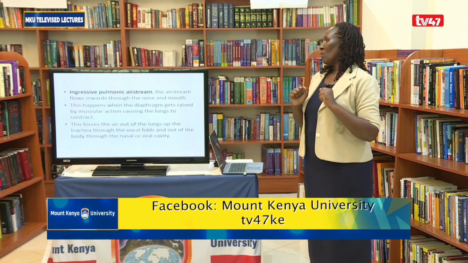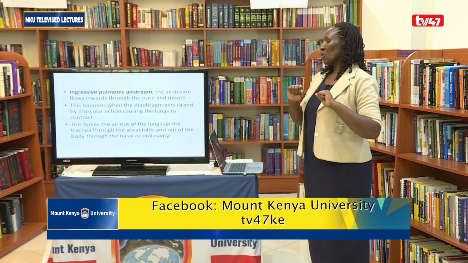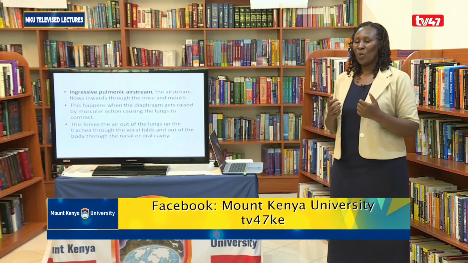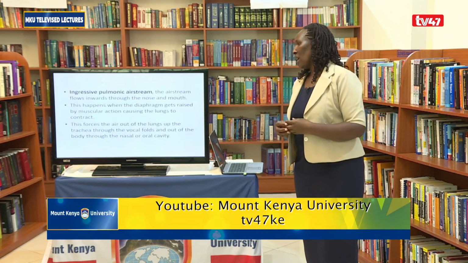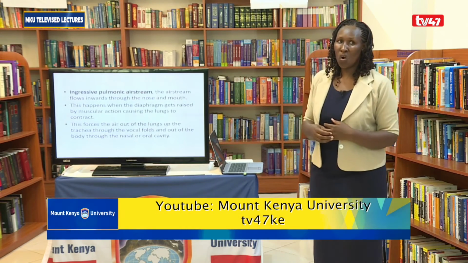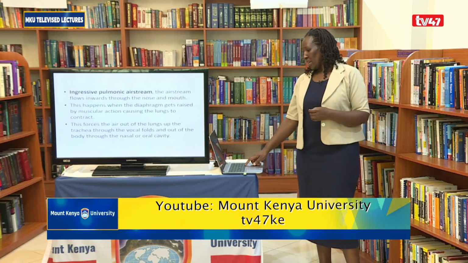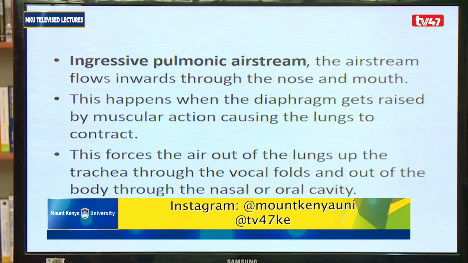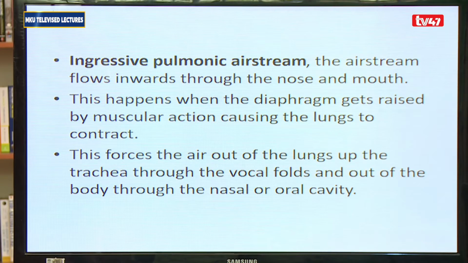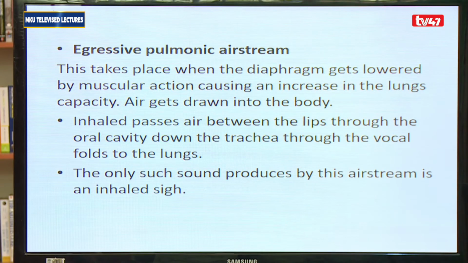When the lungs contract, this helps to push the air out of the lungs through the trachea, and the air can either flow out of the nasal cavity or the oral cavity. So in the ingressive pulmonic airstream, the air is flowing in and then pushed out.